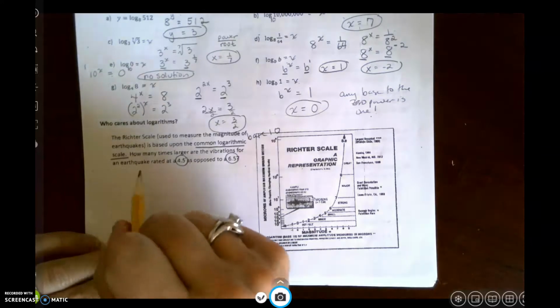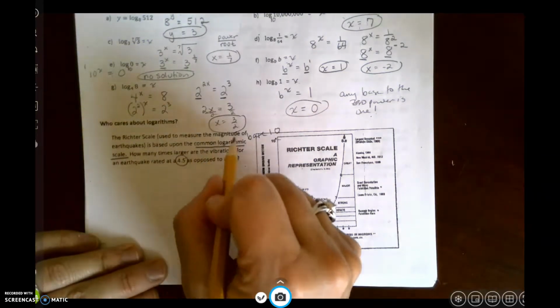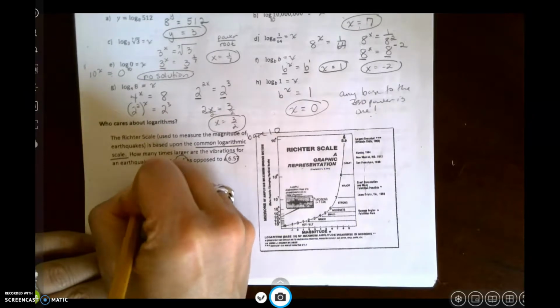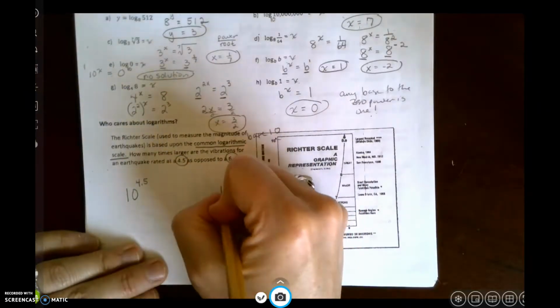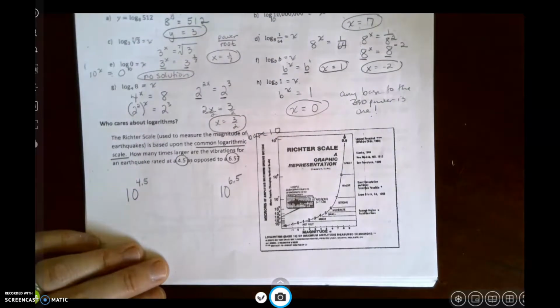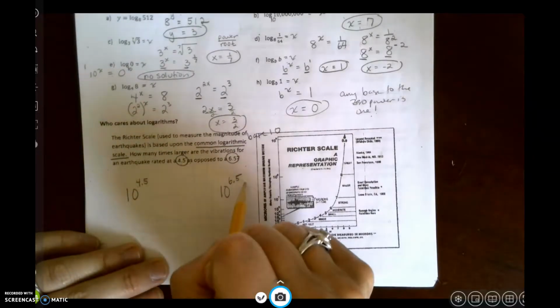Well, remember that the Richter scale is a common logarithm, so it's a base 10. So 10 to the 4.5, and this is 10 to the 6.5. The 4.5 and the 6.5 are exponents.